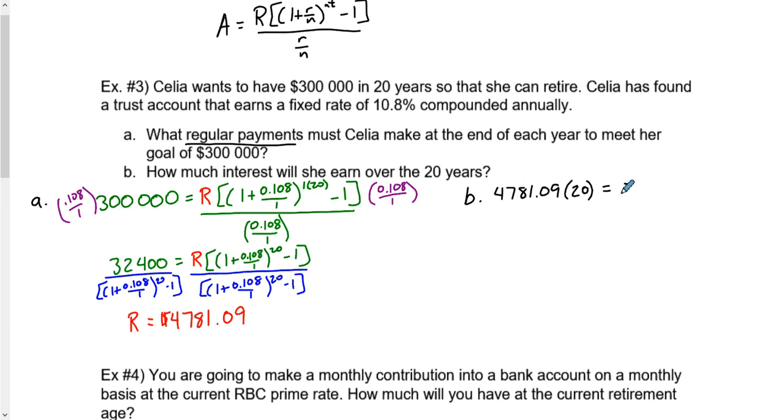She will have put away $95,621.80. That's how much money Celia has actually put away. How much of that will be interest? If it's worth $300,000, I'm just going to have to calculate the difference.